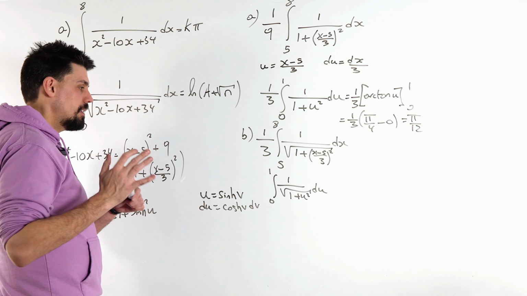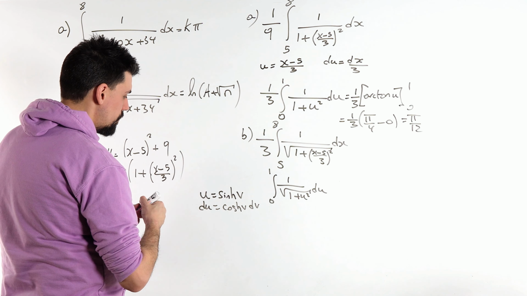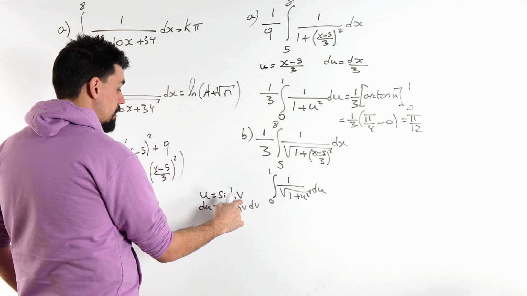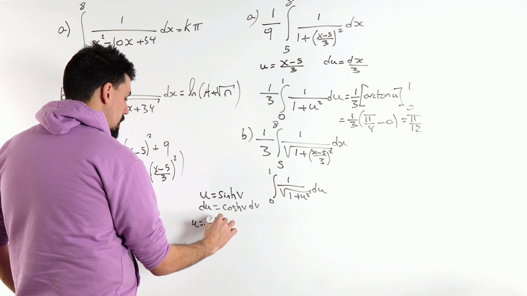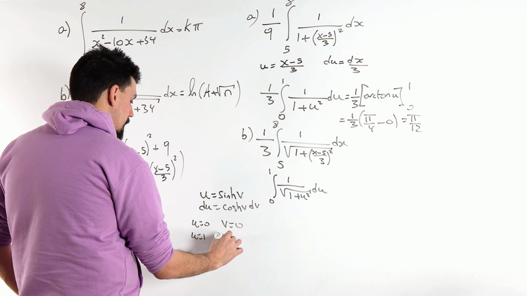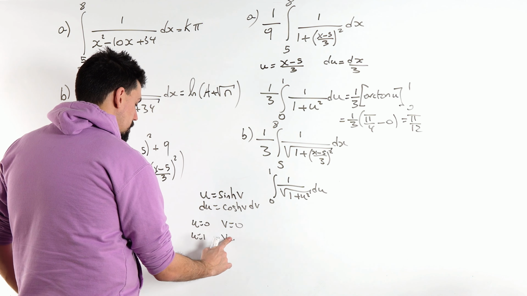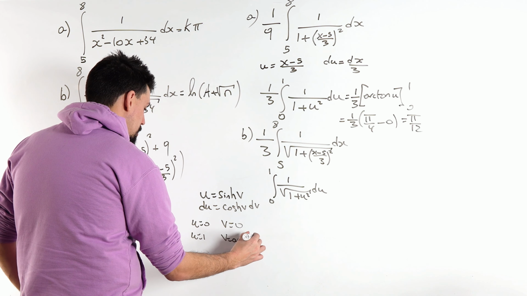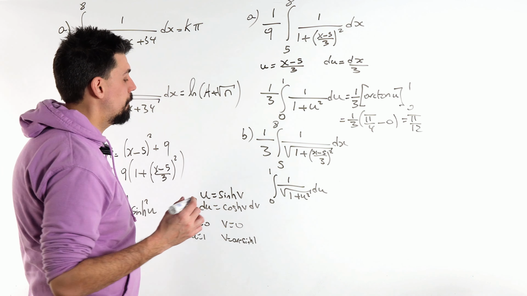There we go. This is going to do what we want. Now, if u is 0, we know sine of 0 is 0. And if u is 1, v is arc sine of 1. And we'll leave that as is for now.